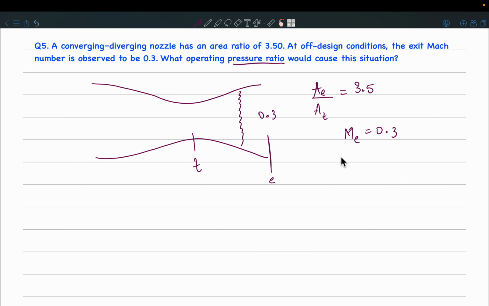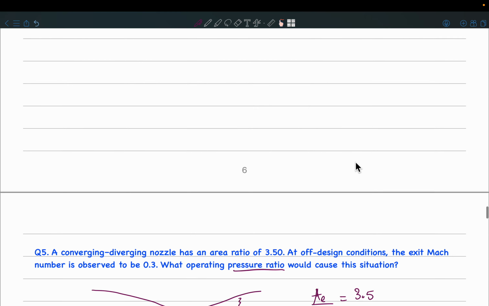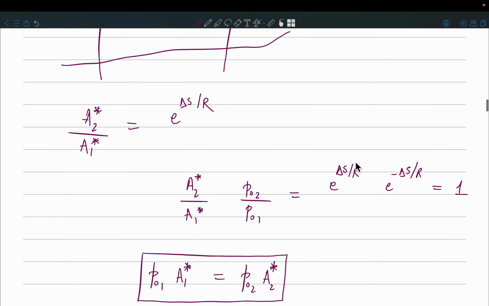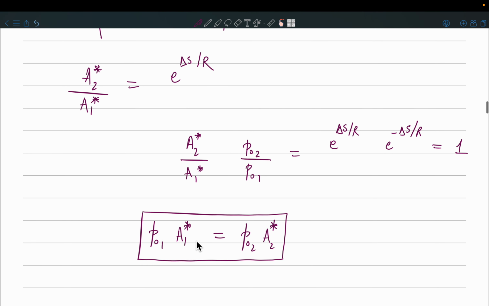So we have to find the pressure ratio. What is the relation, one relation we saw, which relates areas to pressures? I discussed that relation. If you go back, this is the equation, with the stagnation pressure and the star reference areas.